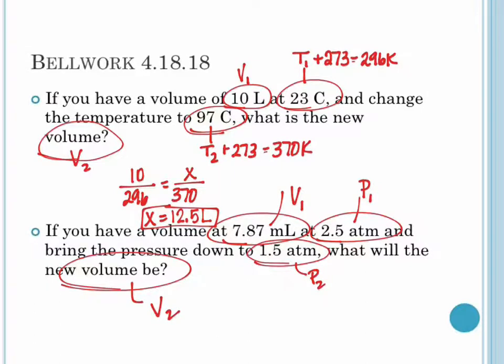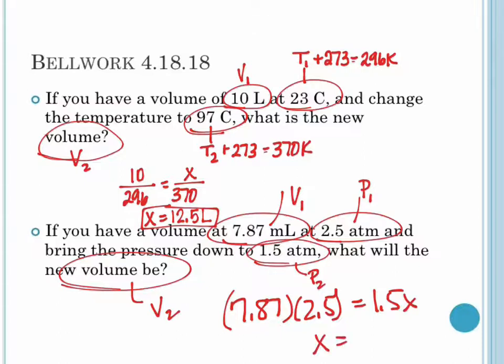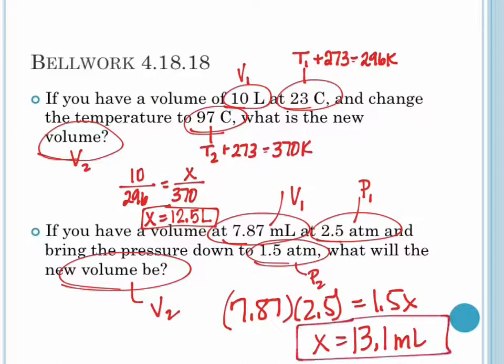So, I have P's and V's. So, I'm going to have 7.87 times 2.5, and that's equal to 1.5x, and x is what? 13.1, and my unit is milliliters. Okay, so if this was a test or quiz or whatever, setup is worth points, answer is worth points, units is worth points.